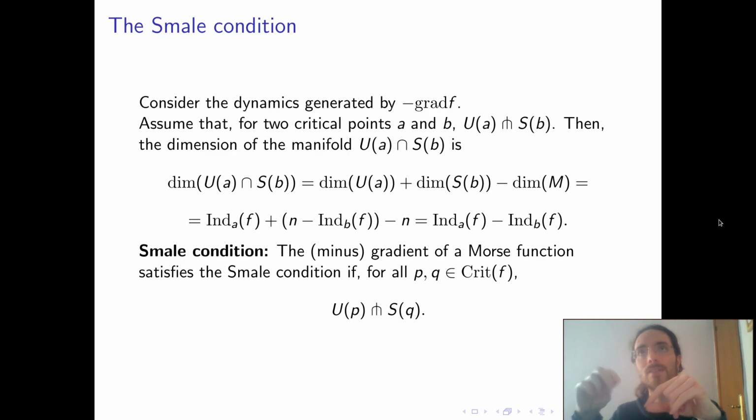This pseudo gradient is a vector field introduced in a way so that around critical points it has the exact same dynamics as the minus gradient, and if you are far away from any critical point, then you have a condition that allows it to behave similarly to the gradient. And of course we ask that the fixed points of that vector field are exactly the same as the minus gradient. So there are two ways to do this. We are going to go with the deformation of the Riemannian metric.